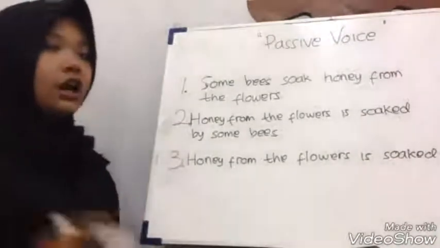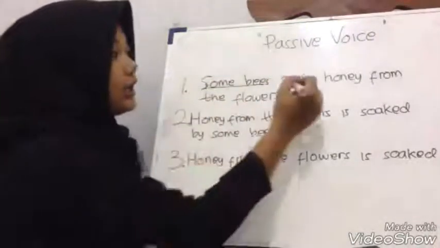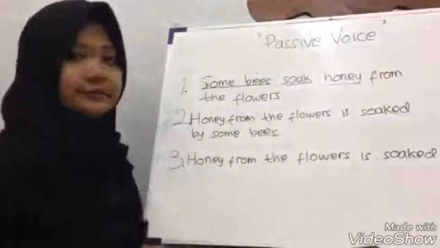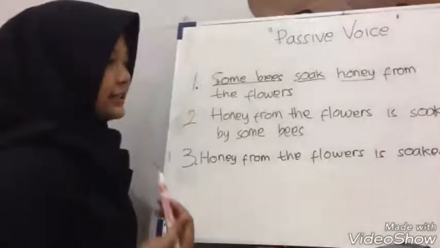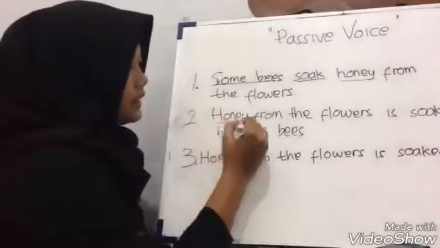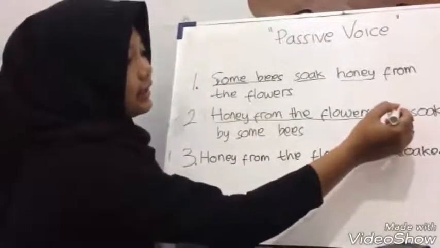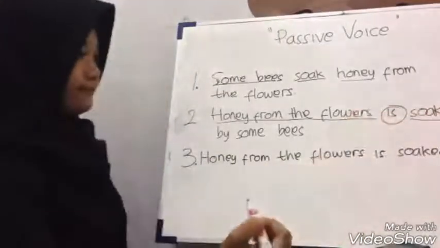The pattern of the first sentence is subject, verb 1, and object. And the pattern of the second and the third sentence is subject, then verb 3.